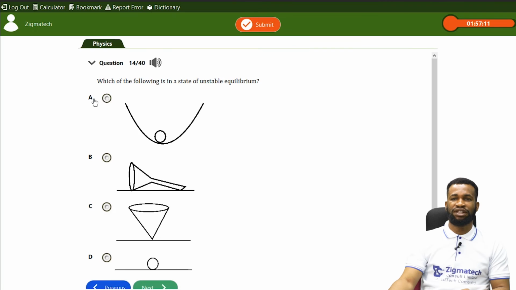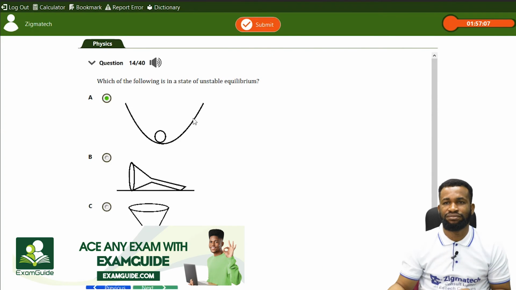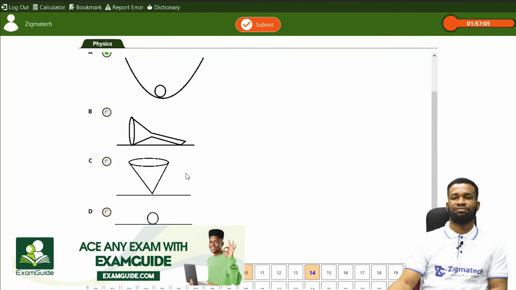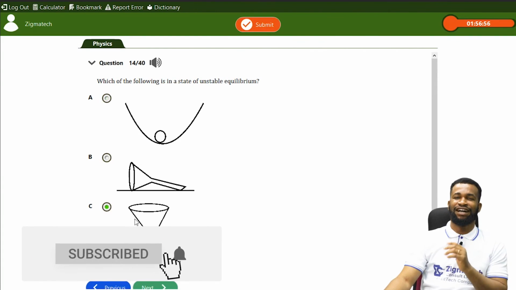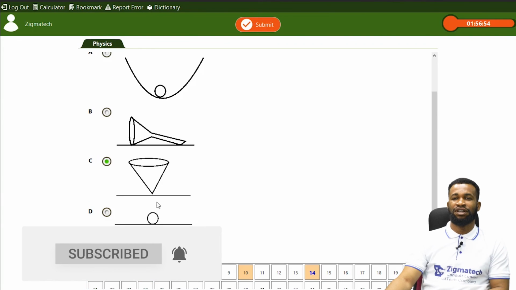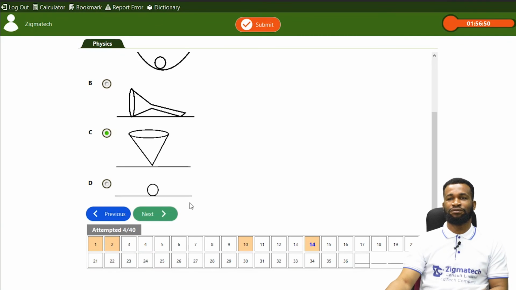So the best option is option A, because this one is going to roll over. Sorry, the option is option C, please. This is the option: a cone resting on its apex is an example of unstable equilibrium.